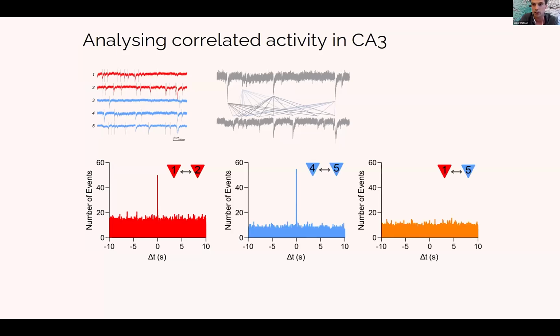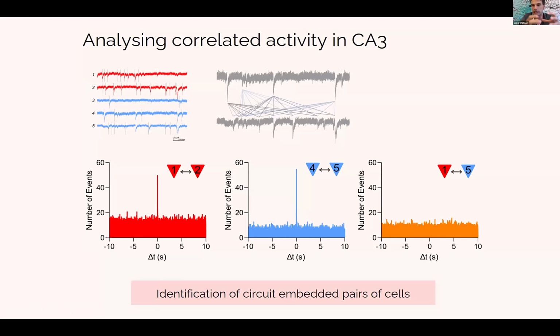And we can do the same for other cell pairs. And we can look here at cells 4 and cell 5, which are both deep cells, and we can see this beautiful peak again. But if we compare cells 1 and cells 5, we don't see anything. And so putting this data together, we can actually look for cells that seem to be embedded in the same local circuit.